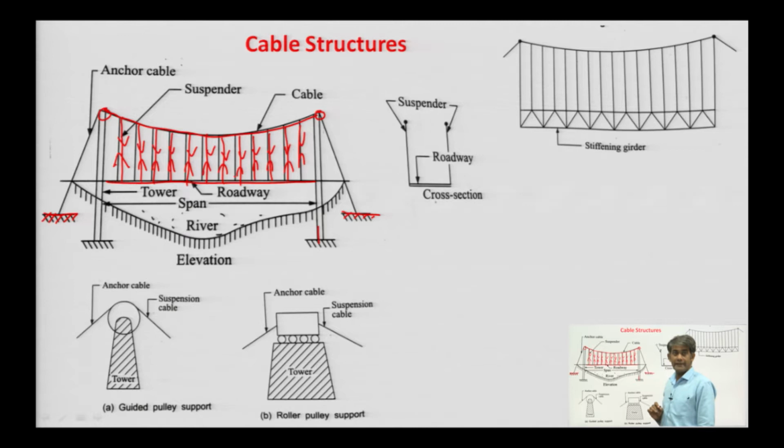In actual practice, the similar structure is at some distance like this. So, this is the width of the roadway. This width of the roadway is hanging through the suspenders.